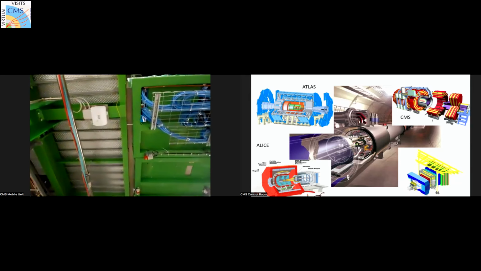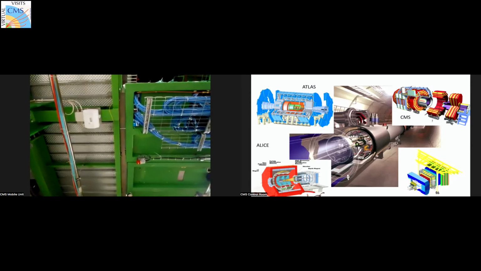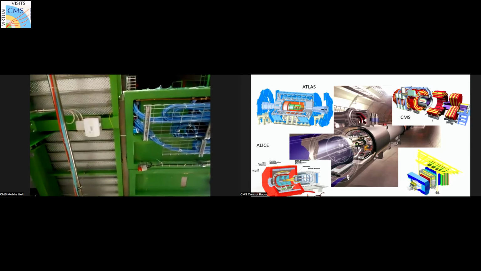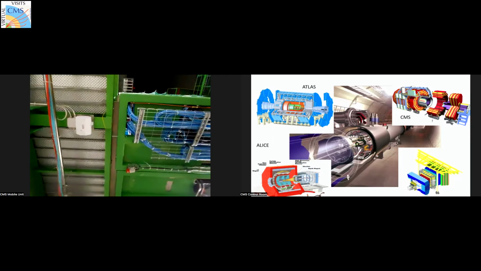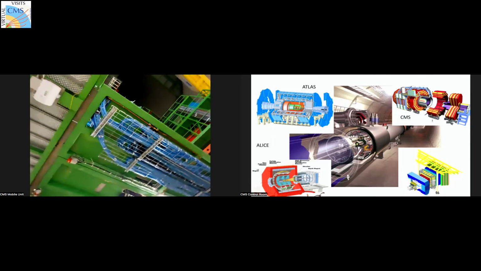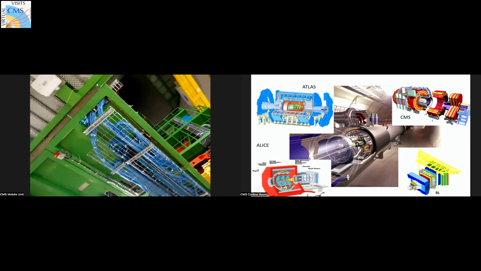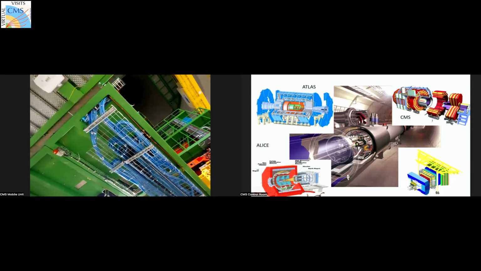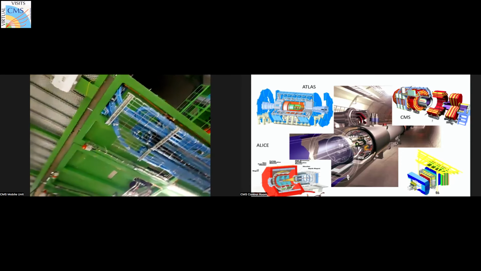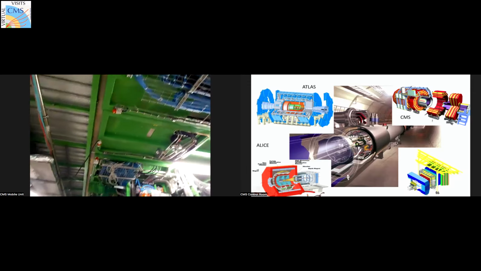The green structure belongs to the detector. On the left, the green structure belongs to the cavern. So you literally see it's like the width of a hand, no more than that. In terms of civil engineering, it was a very big effort to lower the detector down, and it's extremely heavy.